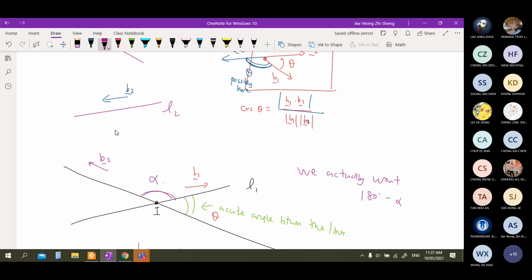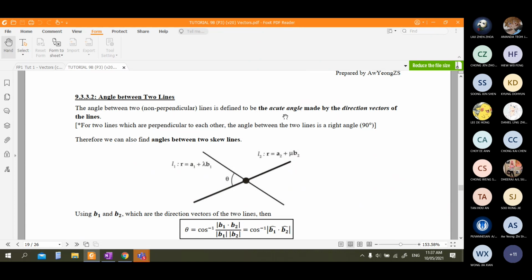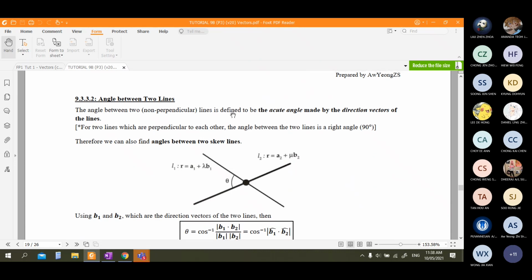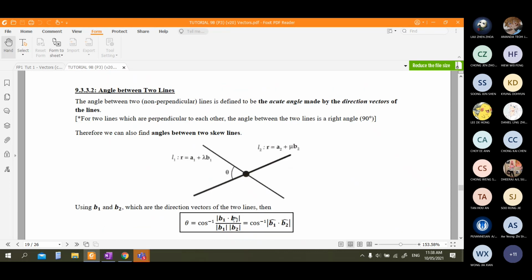Whatever we have learned before today, you don't need modulus. Why we need modulus is because the angle between two lines is defined to be acute. It must be acute. They force it to be acute. That's why you need a modulus, because you are forced to have an acute answer for the angle between two lines.